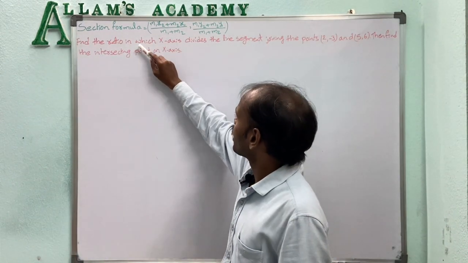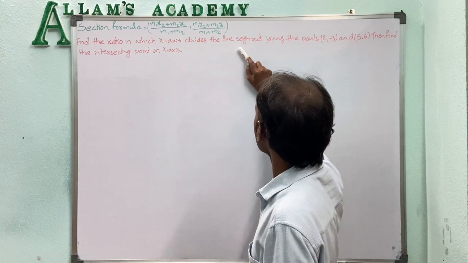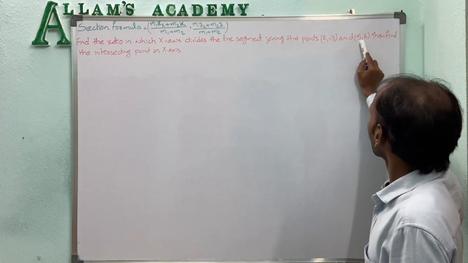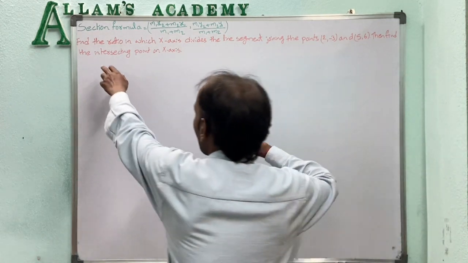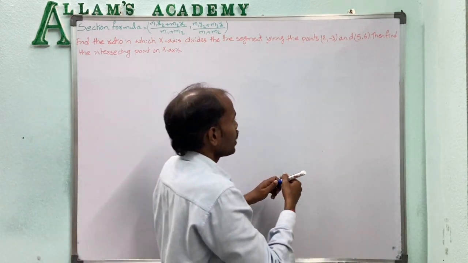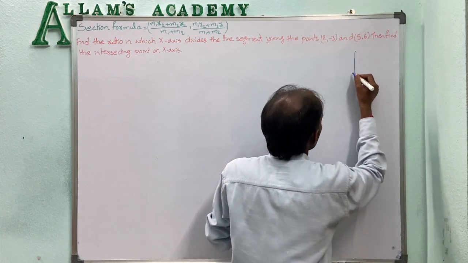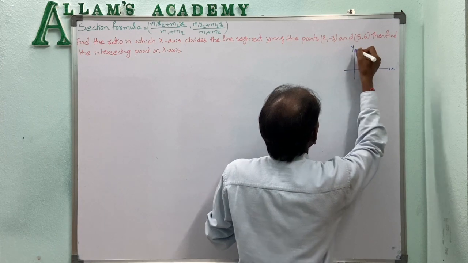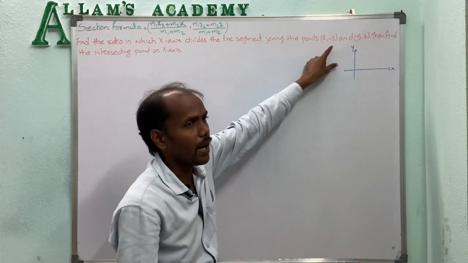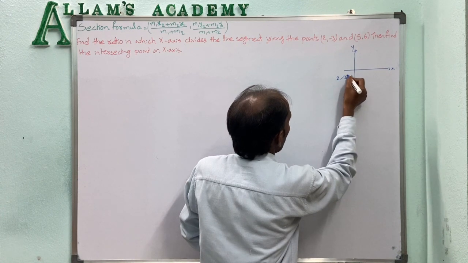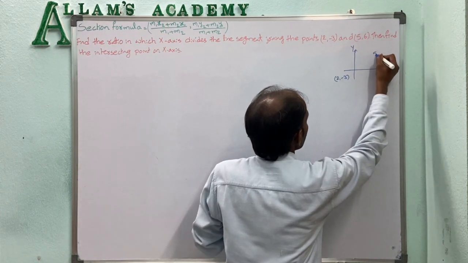Find the ratio in which the x-axis divides the line segment joining the points (2, minus 3) and (5, 6). Then find the intersecting point on the x-axis. So if we take the graph, on that graph we indicate the point 2 comma minus 3 and the point 5 comma 6.